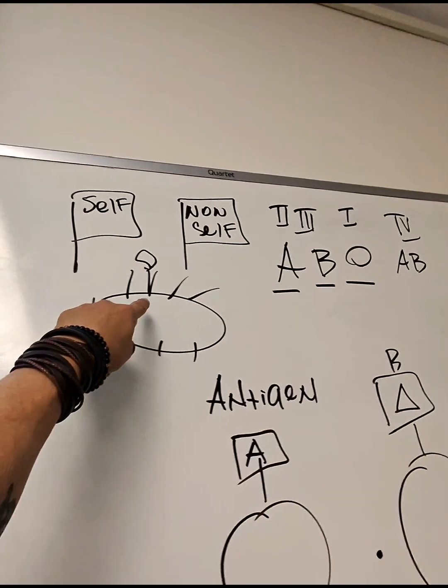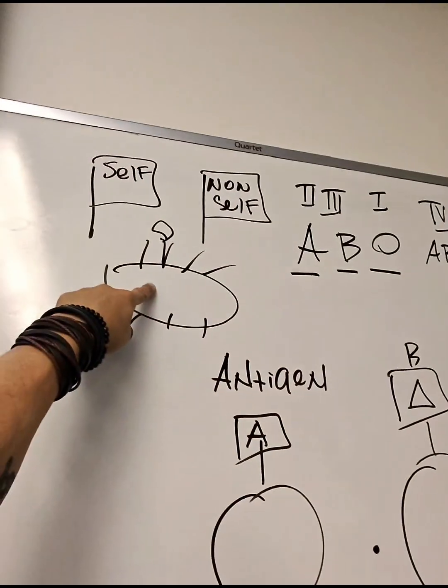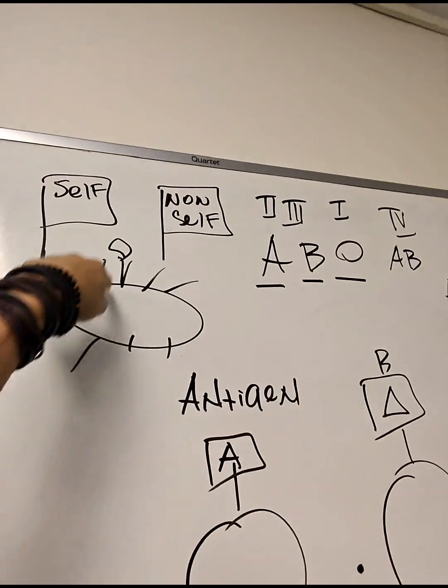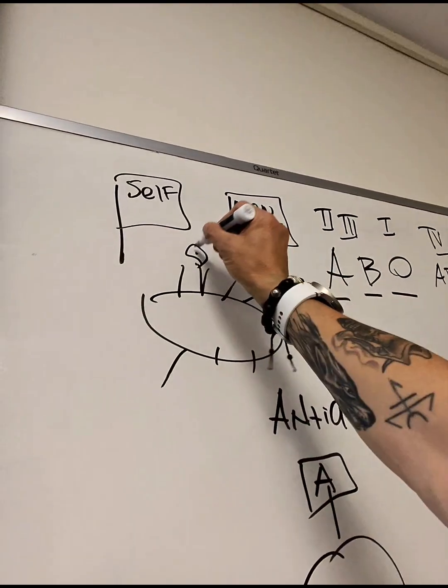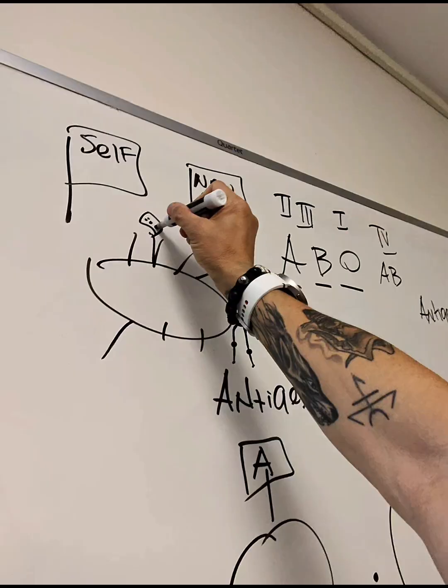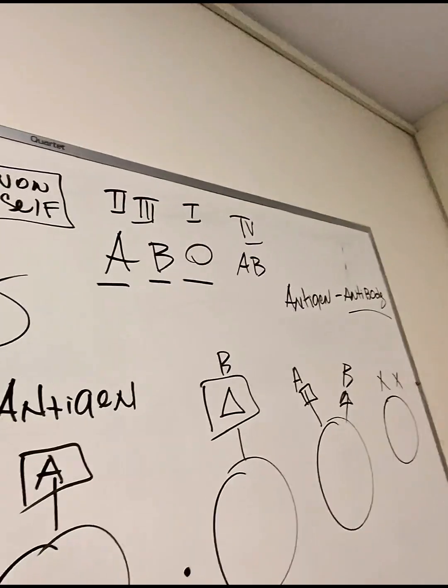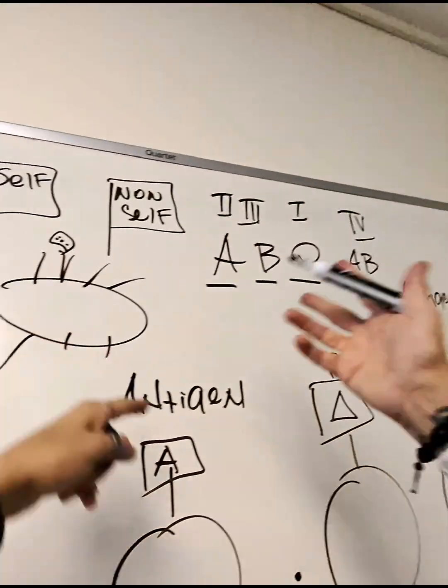So when a bacterium with a non-self antigen enters my system, that antigen can stimulate the production of antibody, because my system has never seen this before, and it's been designed to attack and destroy.